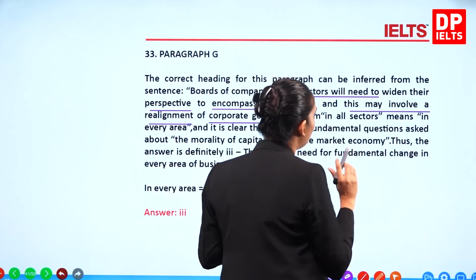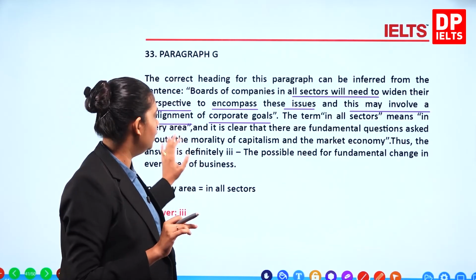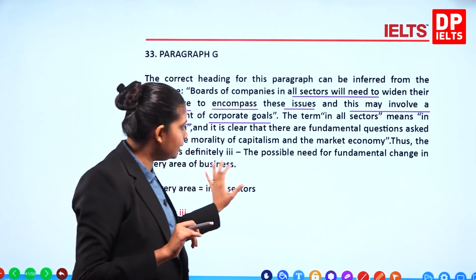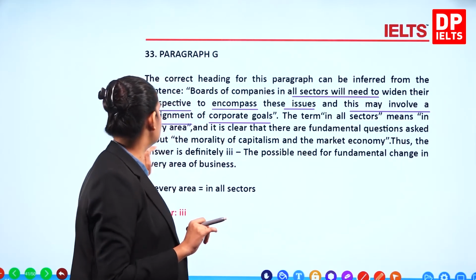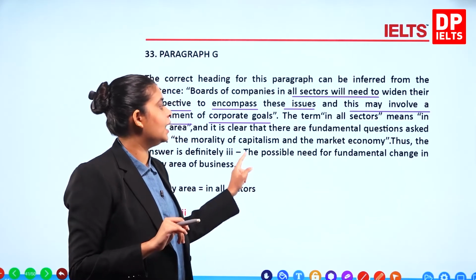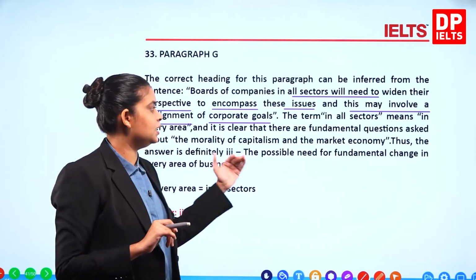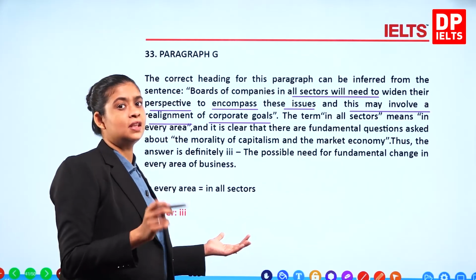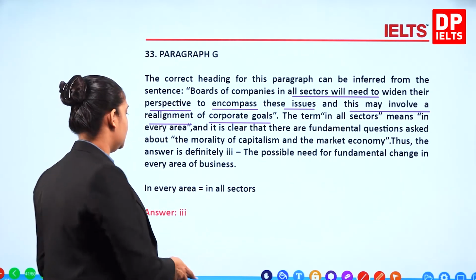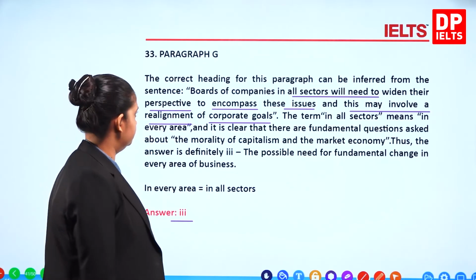The term in all sectors means in every area. And it is clear that there are fundamental questions asked about the morality of capitalism and the market economy. So therefore, the possible need for fundamental changes seems to be the most appropriate answer. That is going to be number 3.